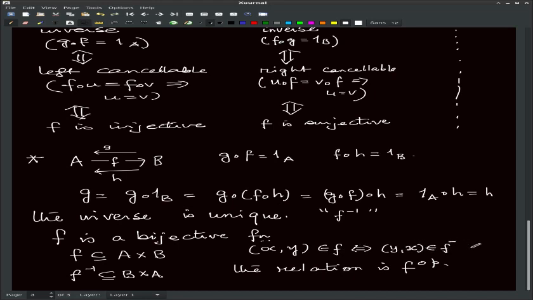Which is exactly what we said as the opposite relation, and in the case when F is a function, that becomes the inverse function.